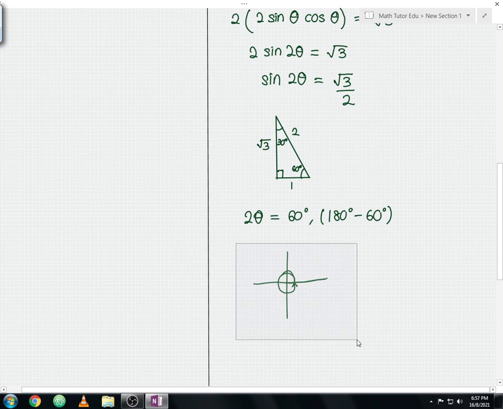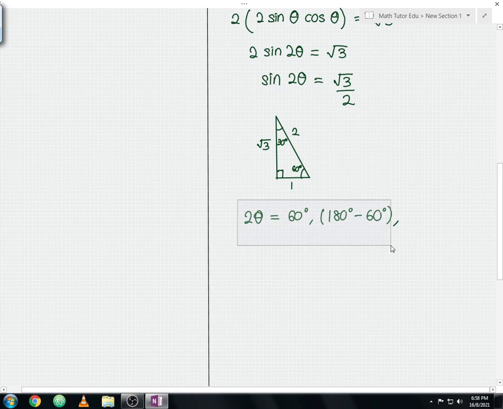So this is the meaning of 2 theta. Since you have the value of 2 theta, you need to include another 2 more values corresponding to this 2 theta. How are you going to do that? You add 360 degrees to this 60 degree angle, because 2 theta indicates that your angle has been revolved 2 times. So this will be your third solution.